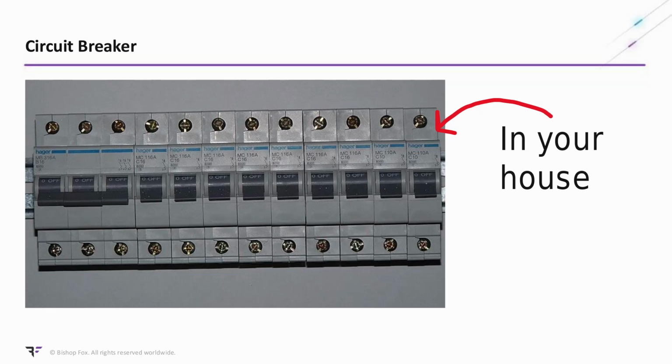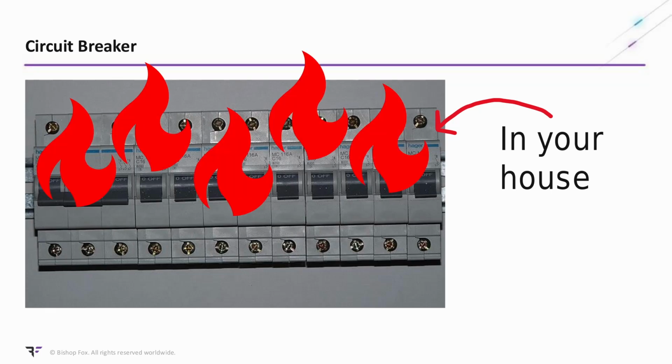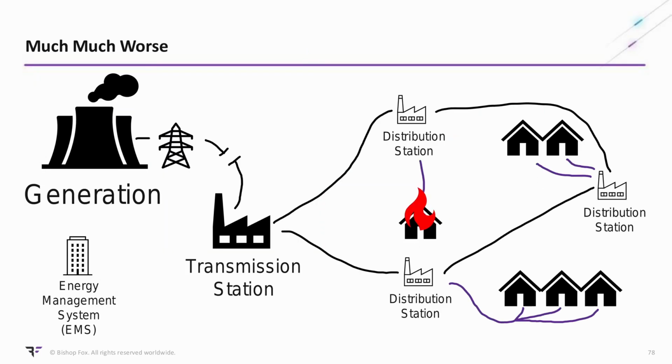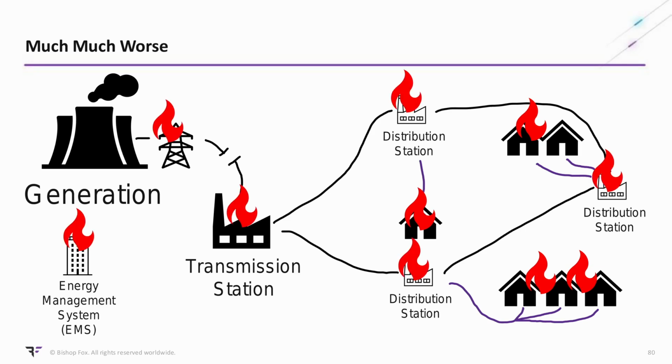The electrical grid, however, is perfectly capable of sending you way more electricity than even these can handle, at which point they burst into flames. So now suddenly this house is on fire, this house is on fire, oh my God, everything's on fire. The electrical system is perfectly capable of sending so much electricity that everything bursts into flames.